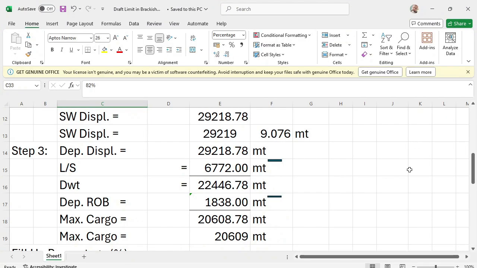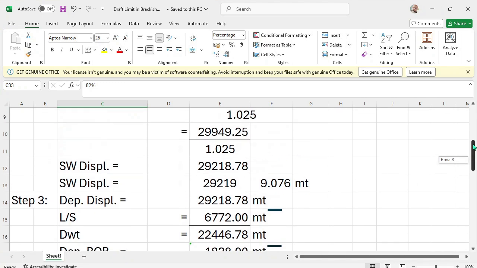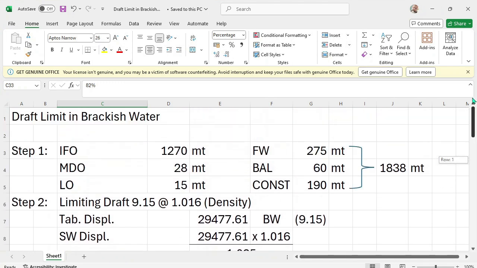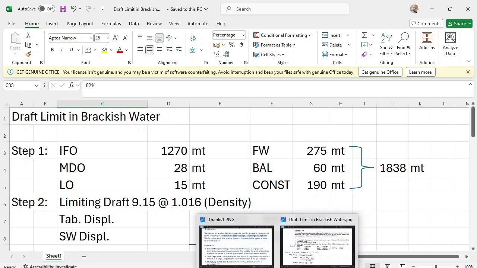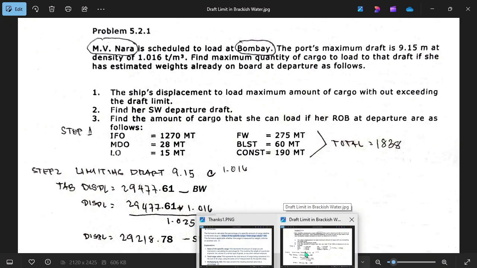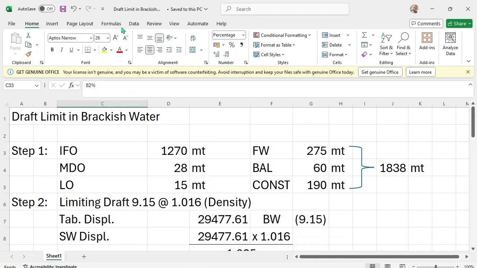So these are the ROBs. FO is 1270, DO is 28, LO is 815, freshwater is 275, ballast is 60, constant is 190. Total of 1838. Okay, guys.